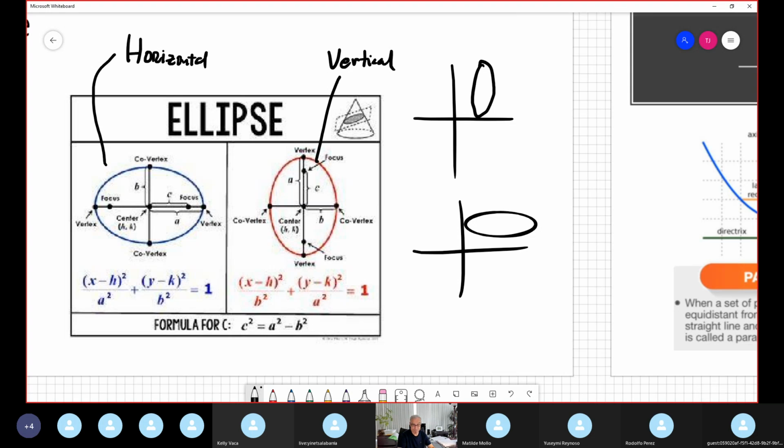Desmos. Let me try. Switching into Desmos. There you go. Okay. Boom. Do you see Desmos? This is the animation to illustrate the definition. Do you see or no?